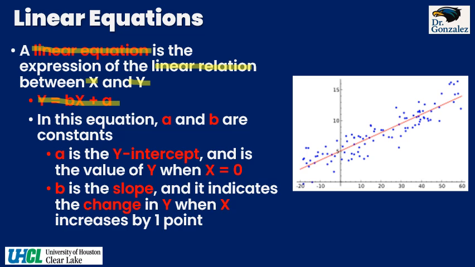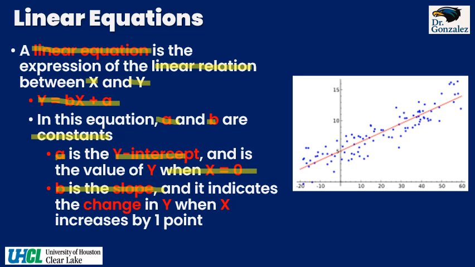So let's break it down. You have a and b that are constants, right? Those are numbers that are going to be put in. And a is the y-intercept, and it's going to be the value of y when x equals 0. And then b is your mx, the m in front of the x in the other equation.